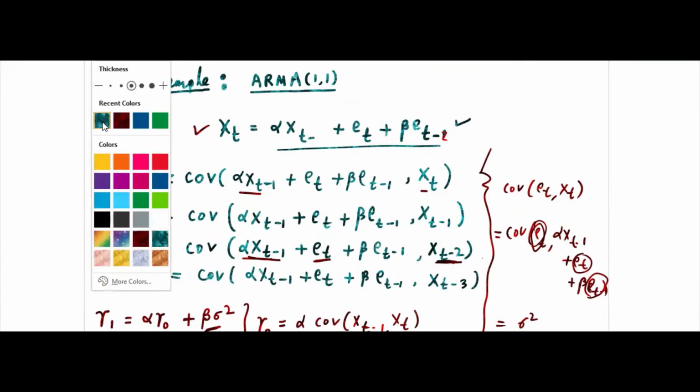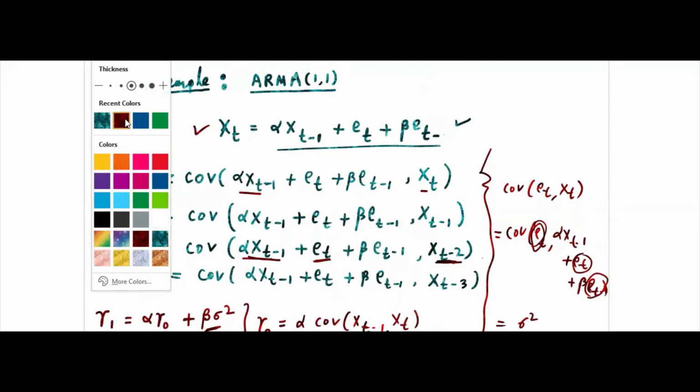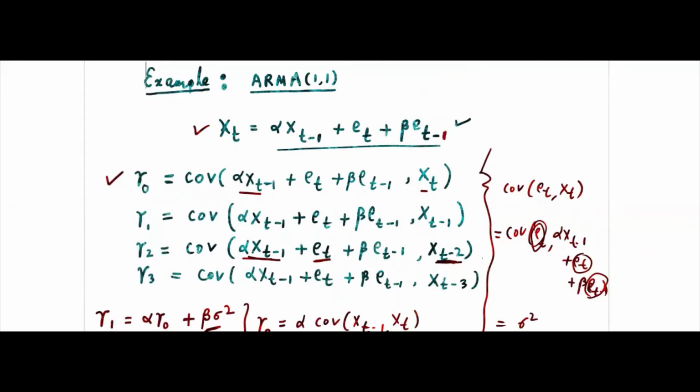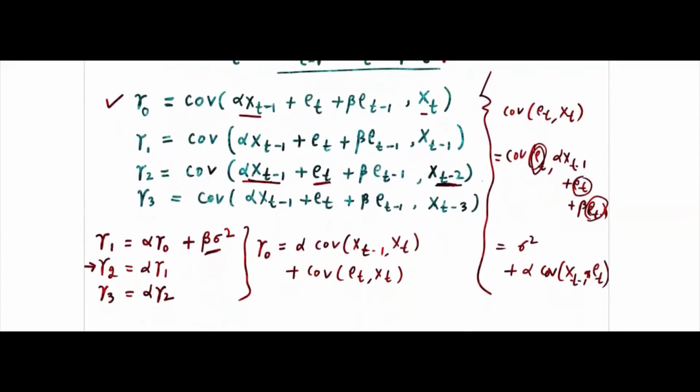Xt minus 1 was here, right? Xt minus 1, et plus beta et minus 1. How about the third term? Beta et minus 1, xt minus 3.